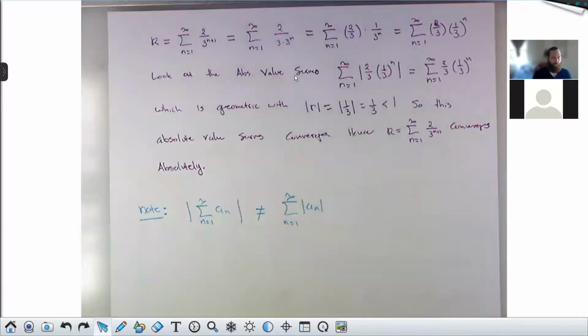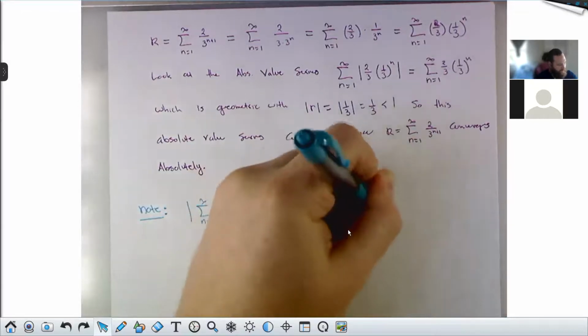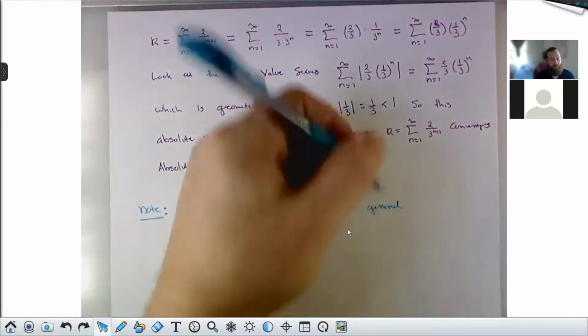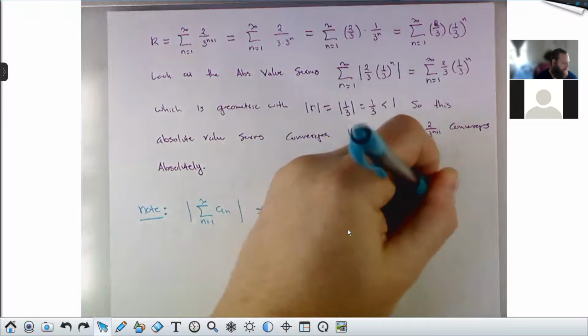Real quick, before we finish this, I said these two are generally not equal, right? Most of the time, these are not the same thing. And there are some series where those are the same, but most of the time they're not. However, there is a statement like this, which is true.